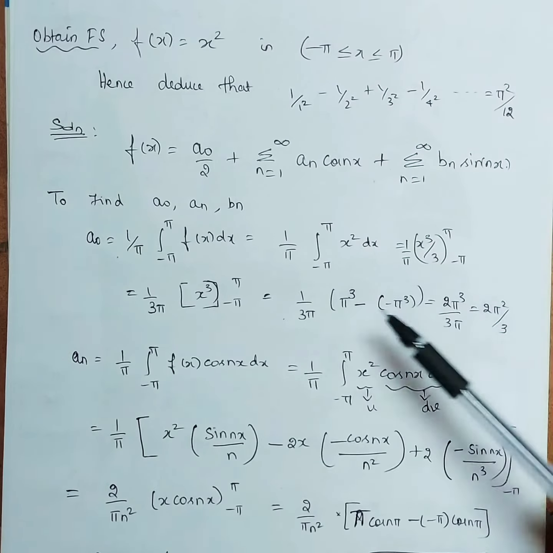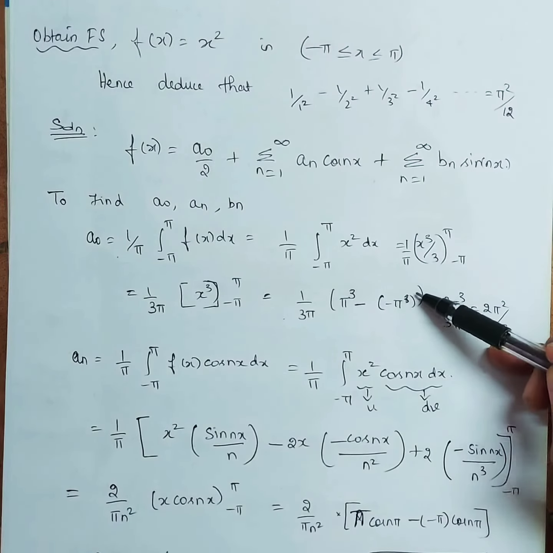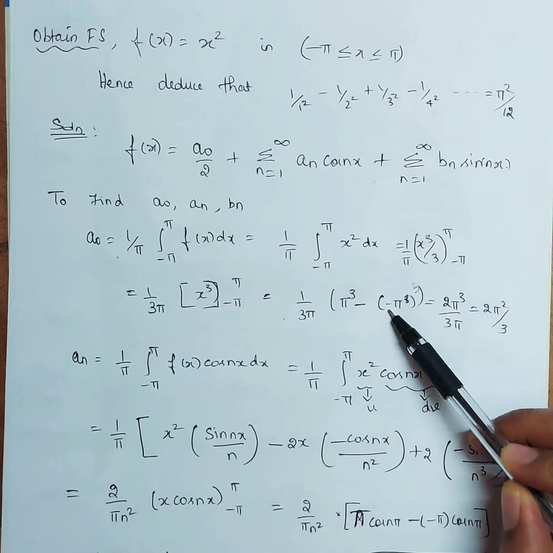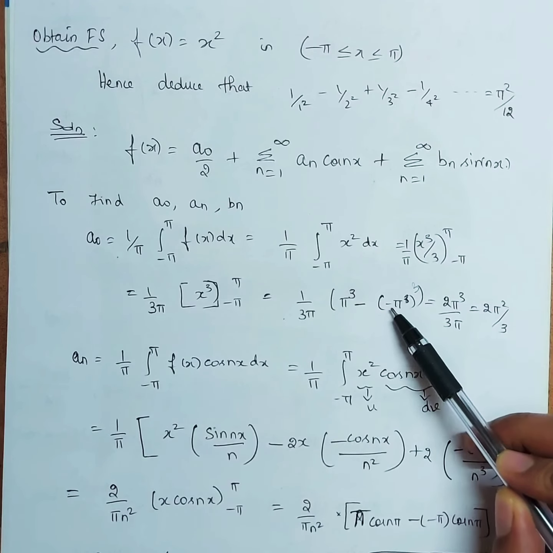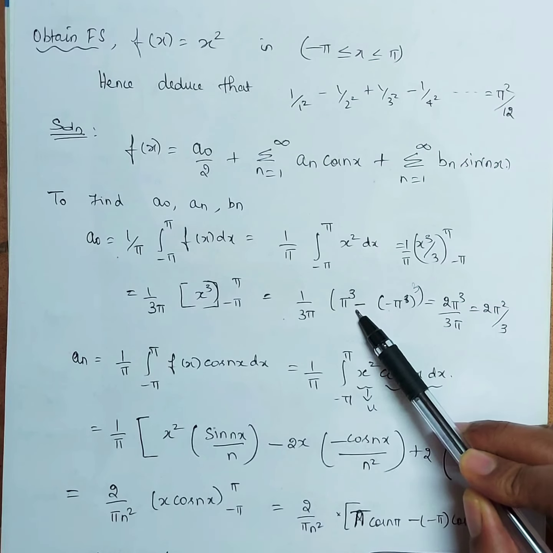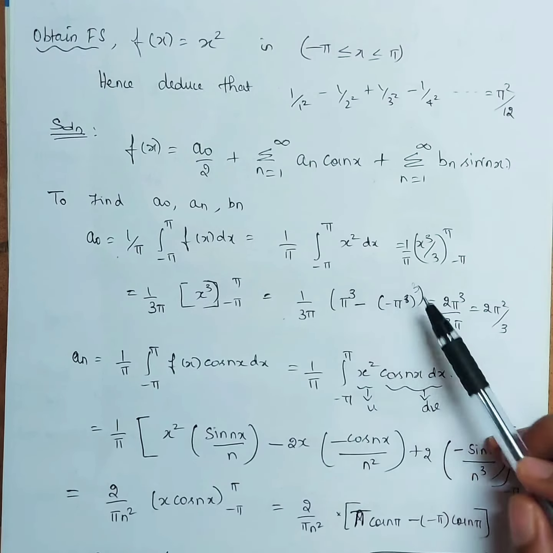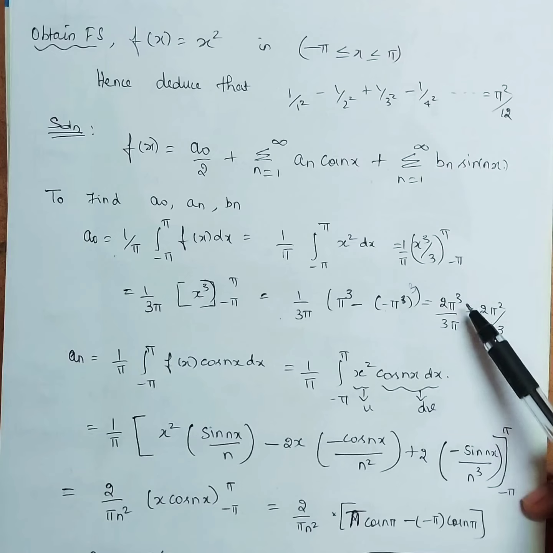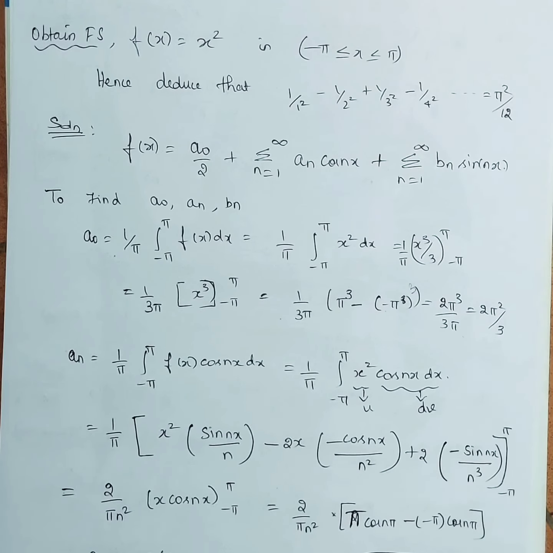Since it's a power 3, we will get a negative sign here, and this negative sign will become positive. So pi cube plus pi cube we will get 2 pi cube by 3 pi, and pi will get cancelled, 2 pi square by 3.